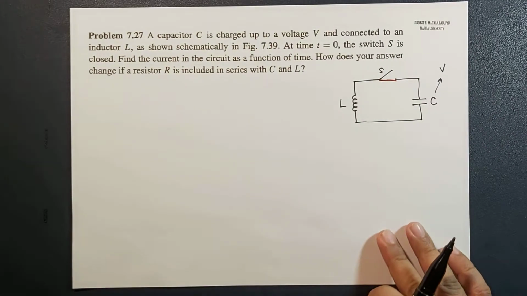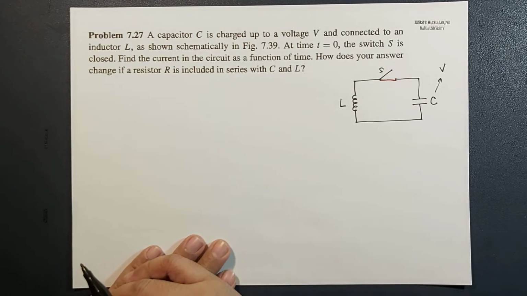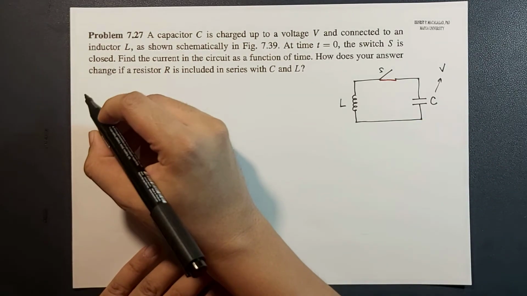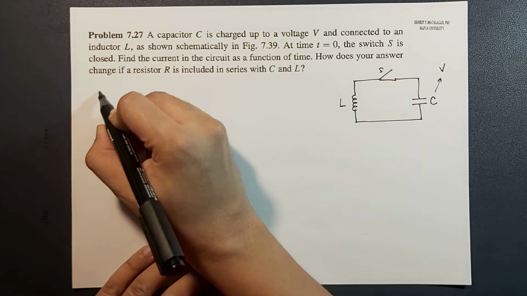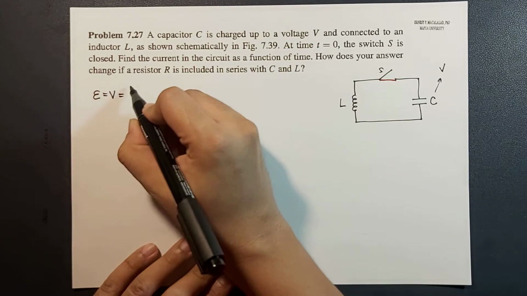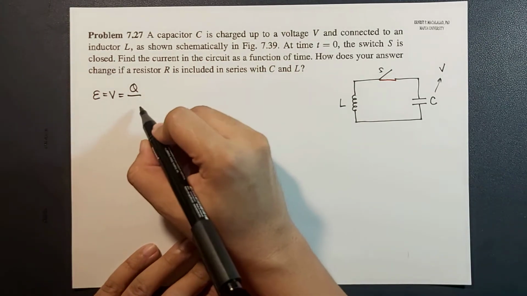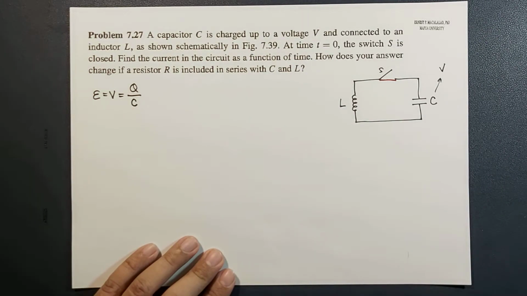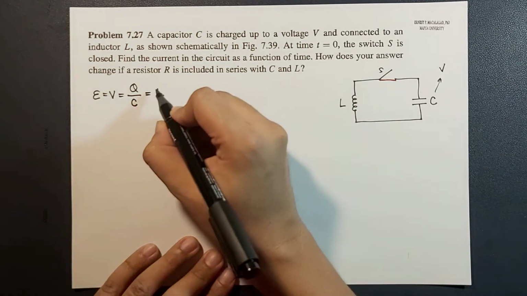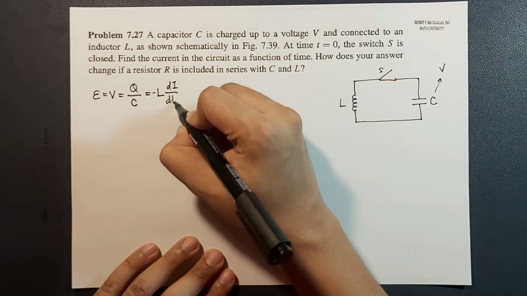Now, to find the current in the circuit, let us first find the initial EMF. The initial EMF, which is equal to V, is equal to Q divided by the capacitance, and this is also equal to negative L, that's the inductance, times the derivative of the current with respect to time.